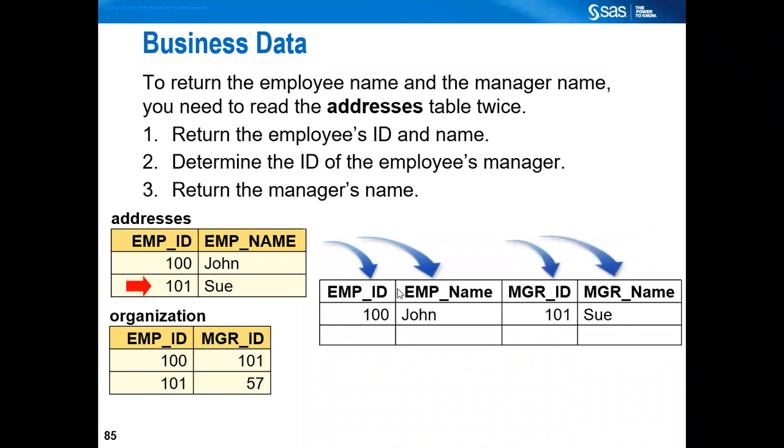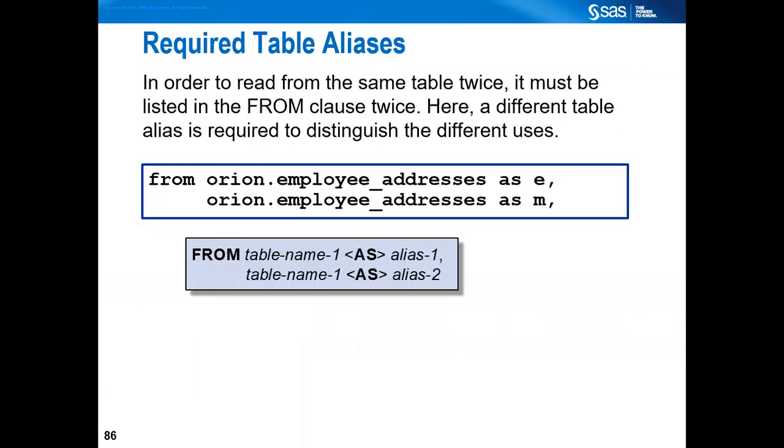Correct. So this manager is an employee and also has a name. So return the manager's name. That is why we are going to read the addresses data twice. So the required tables: we have addresses data to be read, and this addresses data will be read twice.